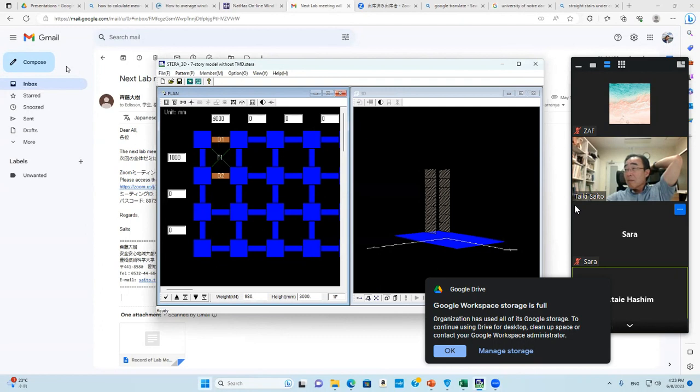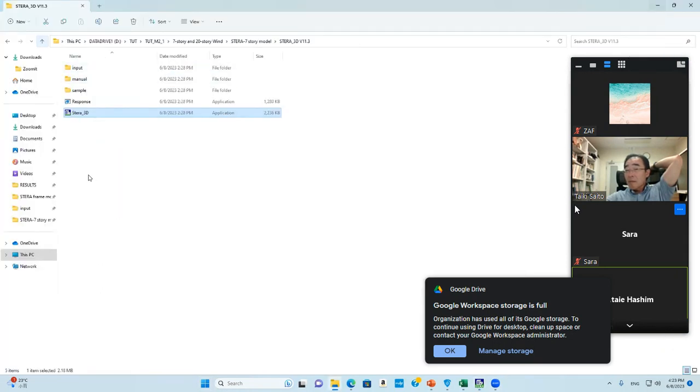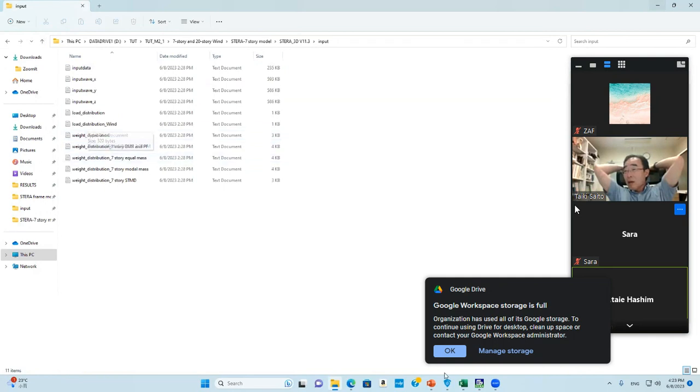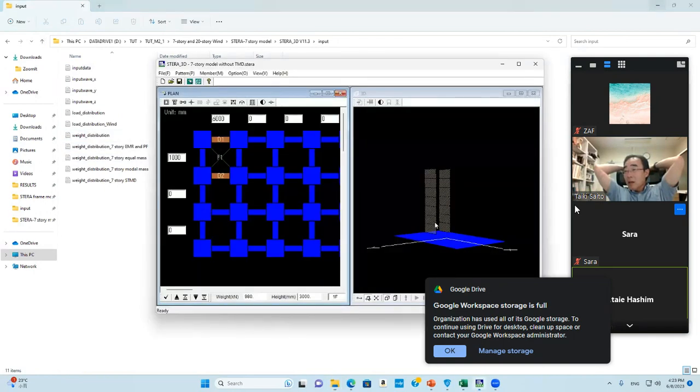I prepared the runtime story and also the distribution. But when I apply it to this lumped mass model, it doesn't work. It doesn't move.